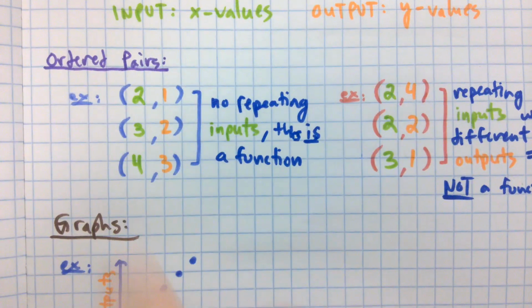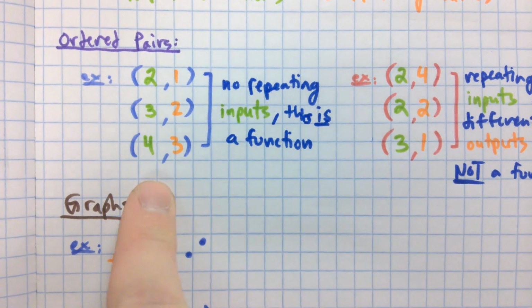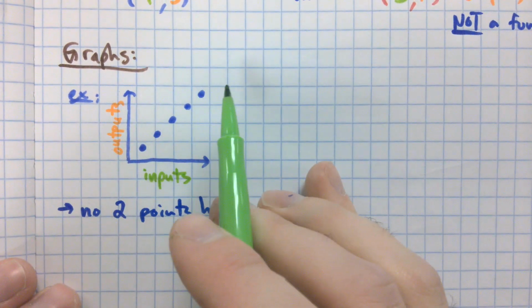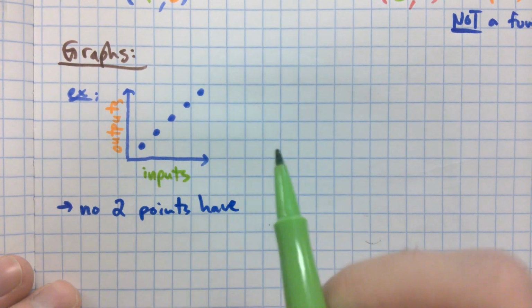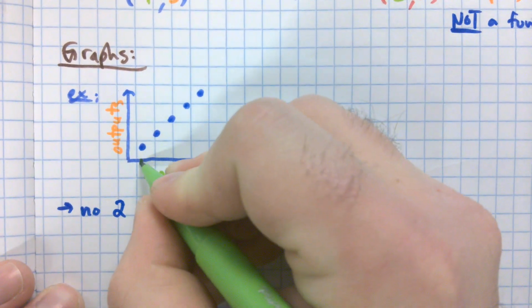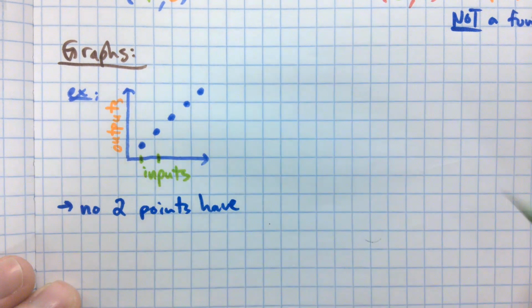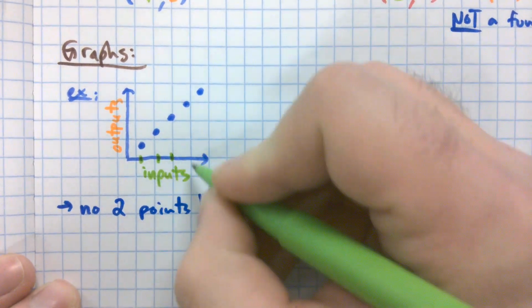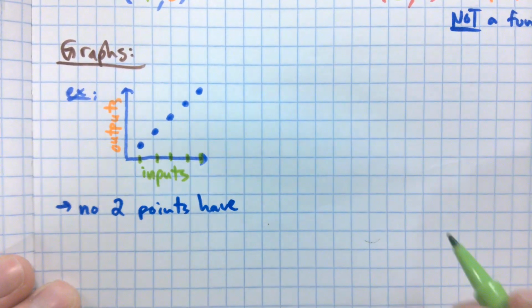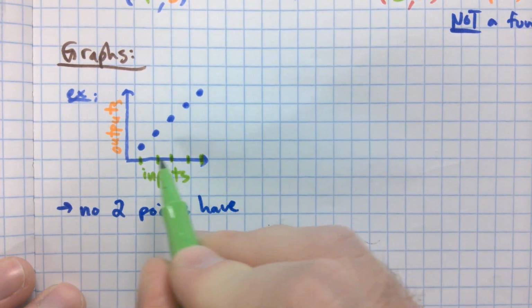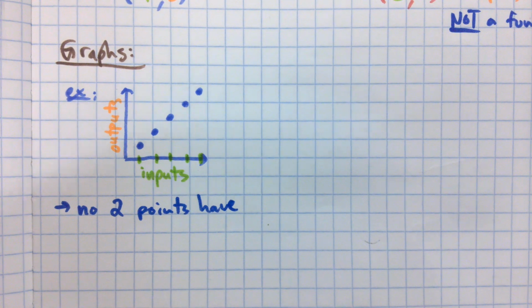Remember, what we're looking for is repeating inputs, and inputs are my x coordinate. So if we look at these 5 points and we try and figure out, well, what are my x coordinates here? This first one's got an x coordinate right there. This second one's got an x coordinate right there. Third one, fourth one, fifth one. Do any of these points seem to have the same x coordinate here? No, right?